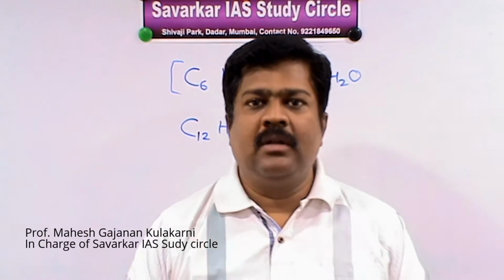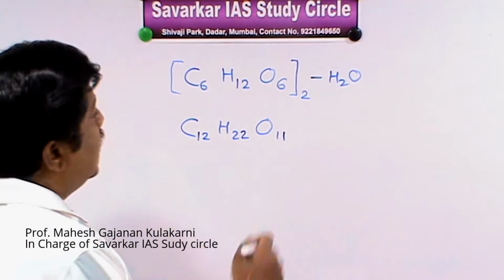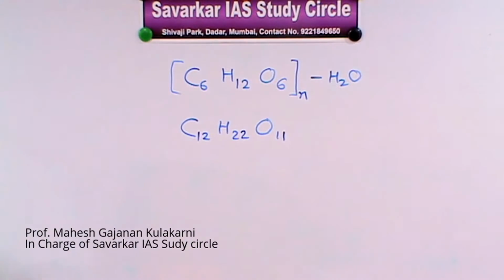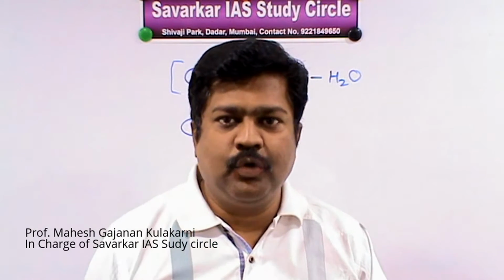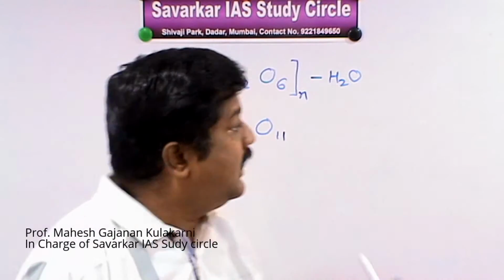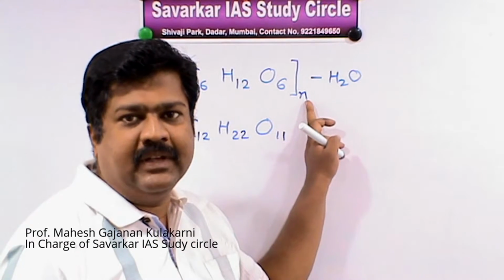Usually in our body or anywhere else, the source we call carbohydrate. As we discussed, it is usually in the form of starch. So starch means what? I have to replace this by n. So this is actually a form where multiple C6H12O6 units are there. In our body, it is hydrolyzed, and then we get multiple units of these.